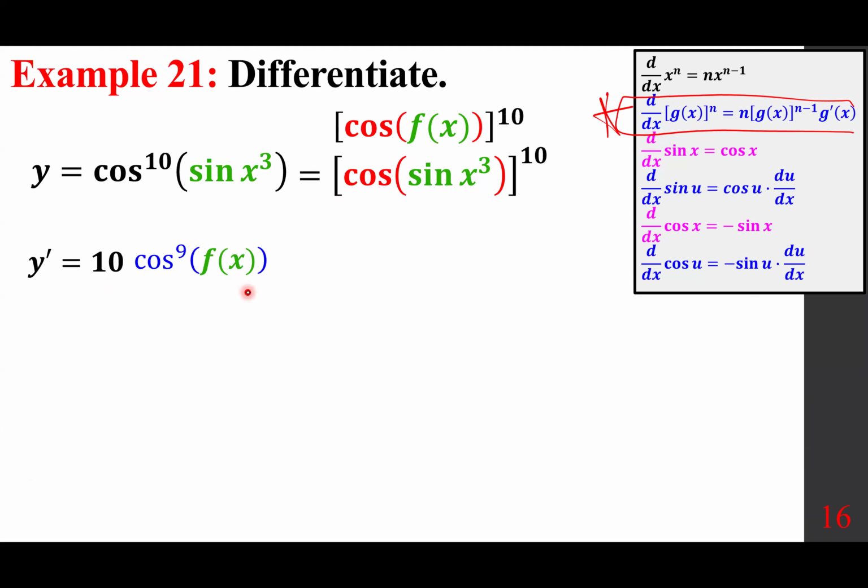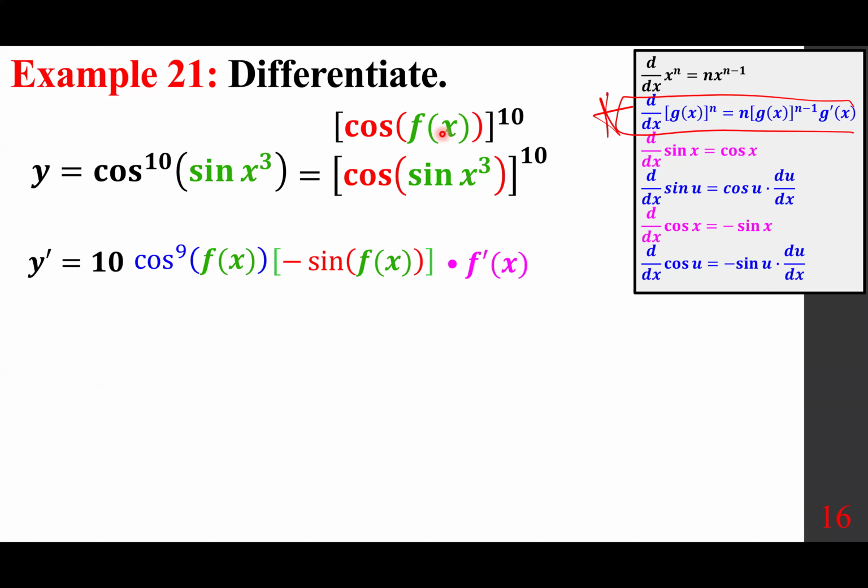Now we need the derivative of f of x. In essence, if we go back to here, 10 cosine to the power of 9 times the derivative of cosine, the derivative of the inside, minus sine f of x, the chain rule, times f prime of x.